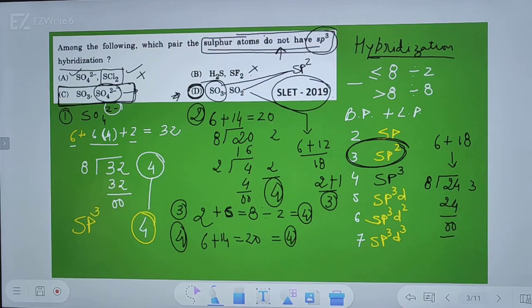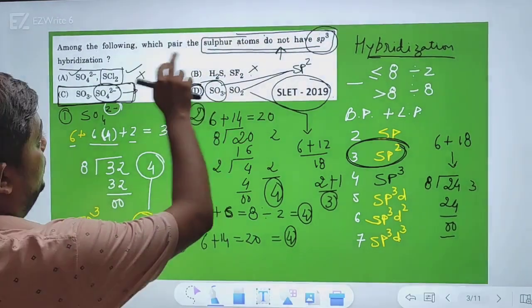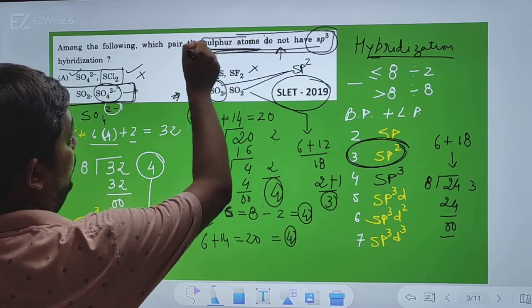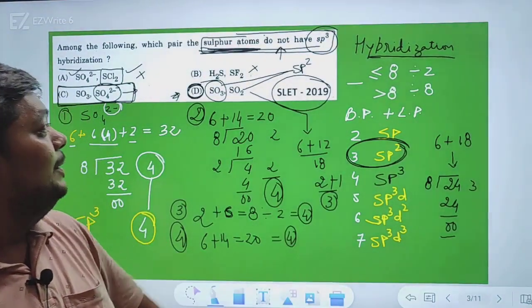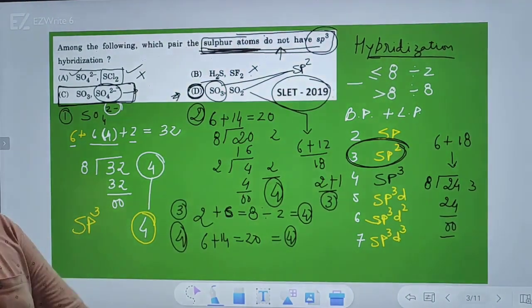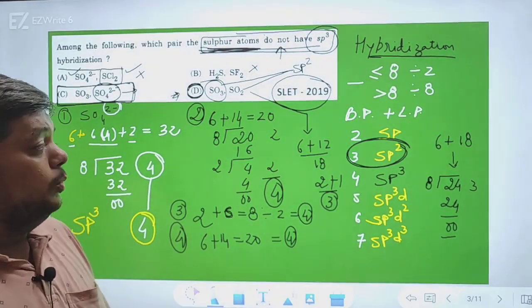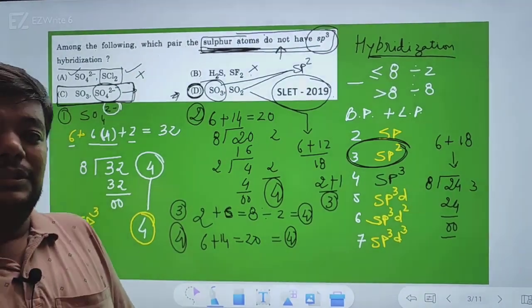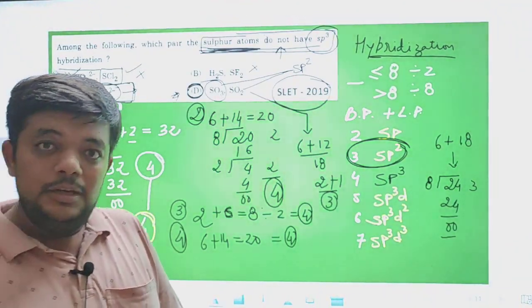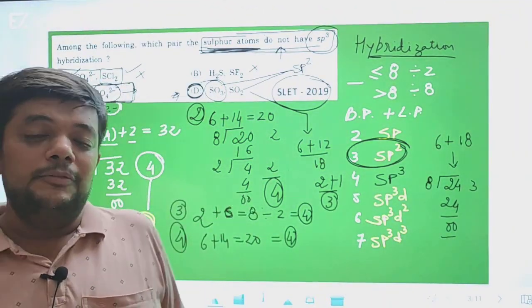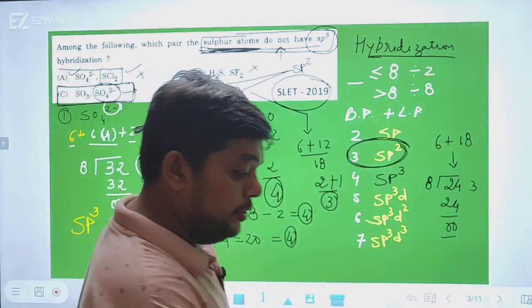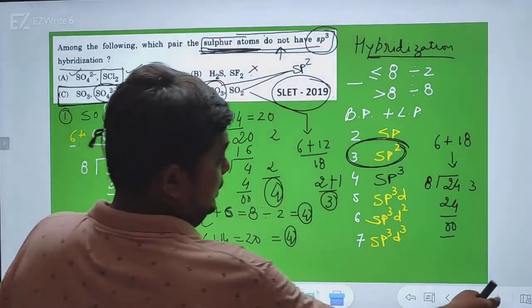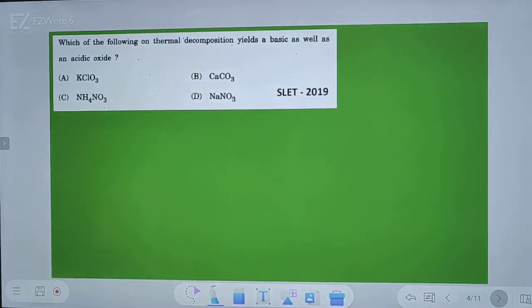But I have been asked very clearly in the question of SLET 2019 that both, because it is not mentioned a single one, so we have to go with both, and henceforth, friends, our answer will be D. I hope you are getting it, and you might also now be getting an idea how important this simple topic hybridization is. In the link below, you can find the videos for this particular topic which have already been discussed earlier. Let us move with the next question.